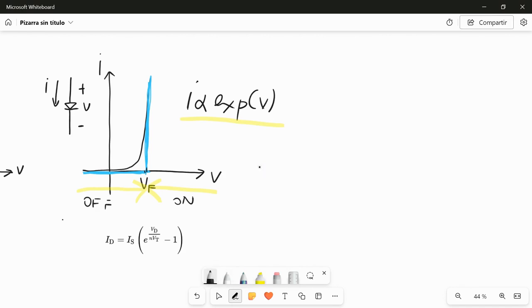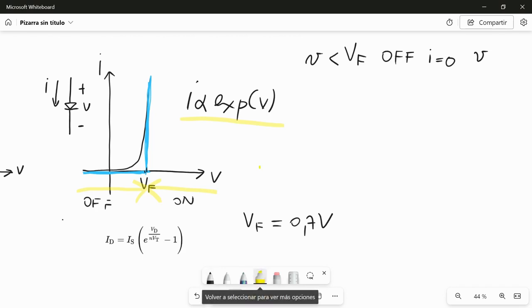If the voltage V applied to the diode is less than VF, which is usually 0.7 volt, we have the off state, so that I is equal to 0 and V can be any value below VF, on this line.